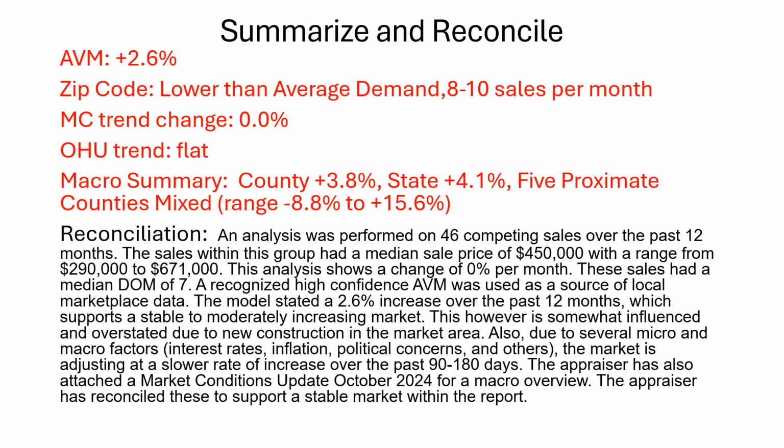How do we define a stable market? It's hard to come up with a specific number, like this market's up 2% or 3% or whatever. But generally, we look at it, a stable market is -3 to +3, plus or minus. That's our opinion because it really does vary from market to market.